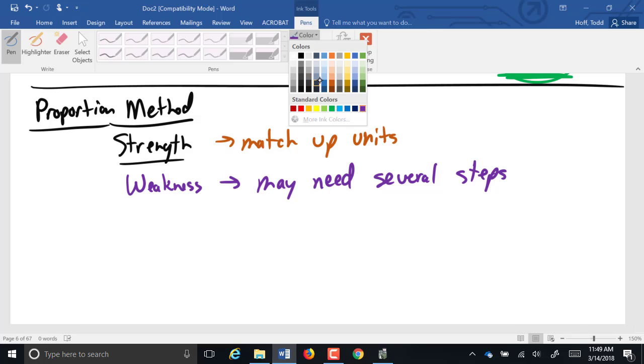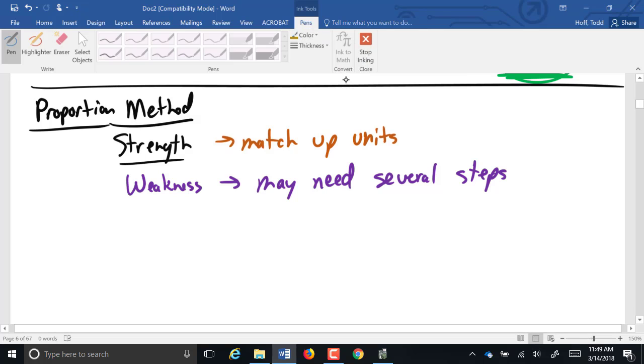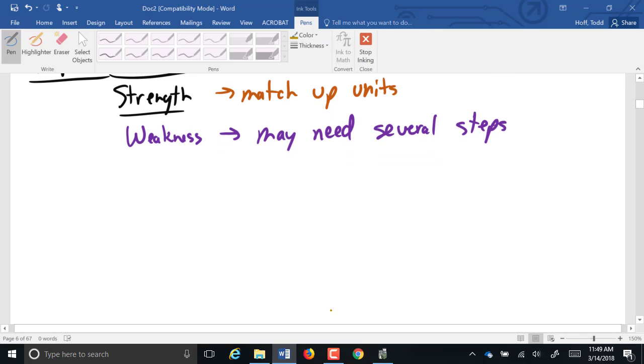So let's take a look at the actual proportion method. What the proportion method tells us to do is we take the information on the label and we're going to use that then to relate to the doctor's orders and what we're going to administer.